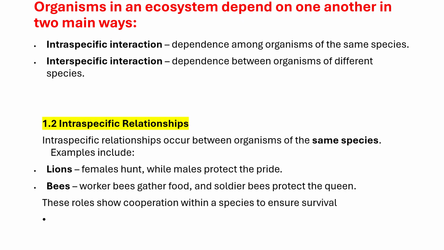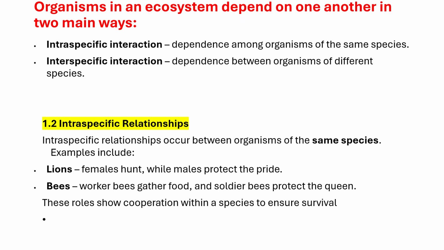For example, in an intraspecific relationship, bees work together to find food, they divide the labor among themselves. Some protect the queen, others work for food, something like that.